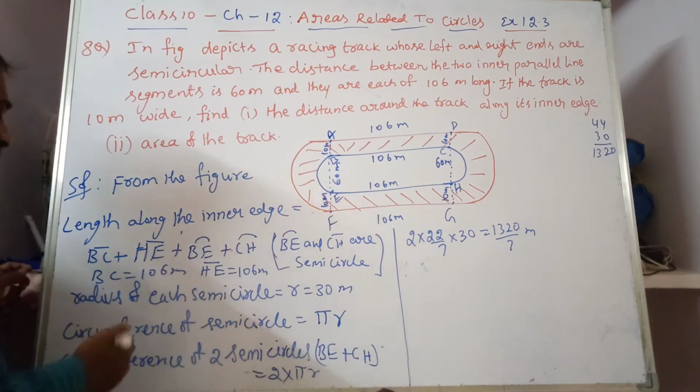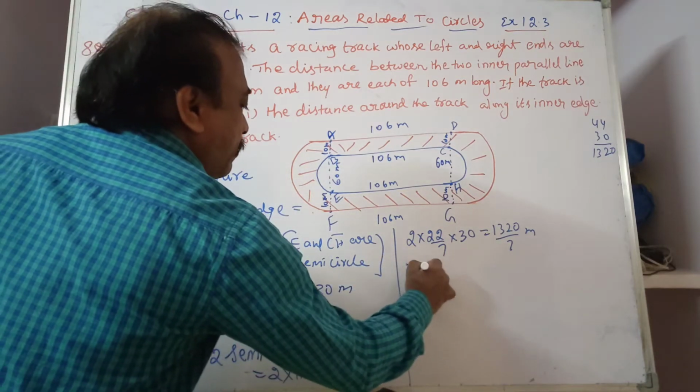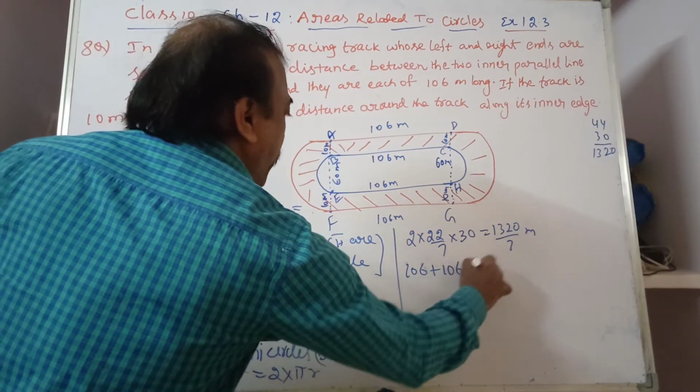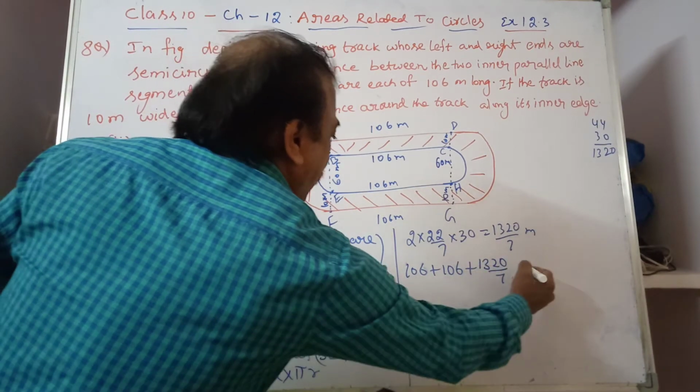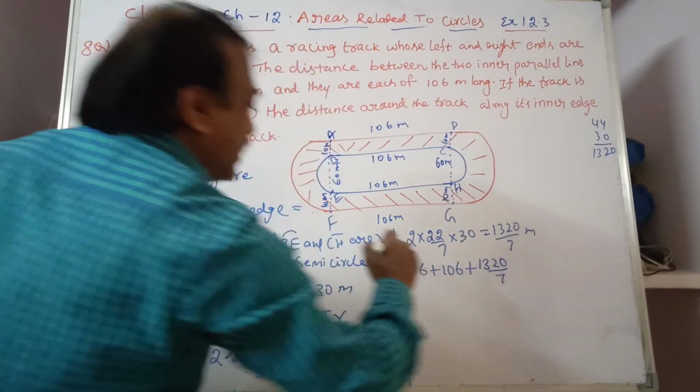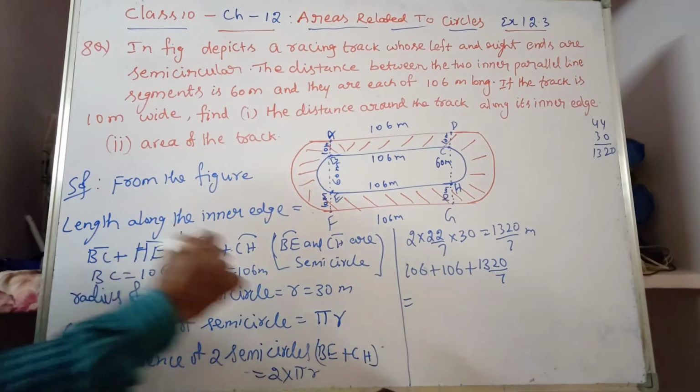So we are adding 106 plus 106 plus 1320/7, which is 212 plus 1320/7.